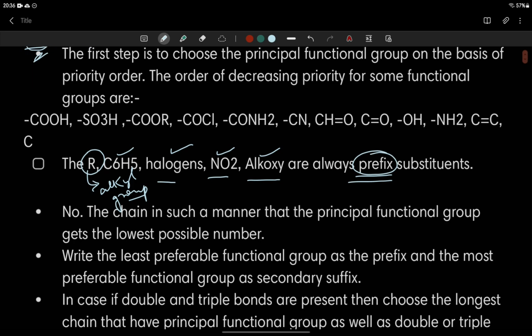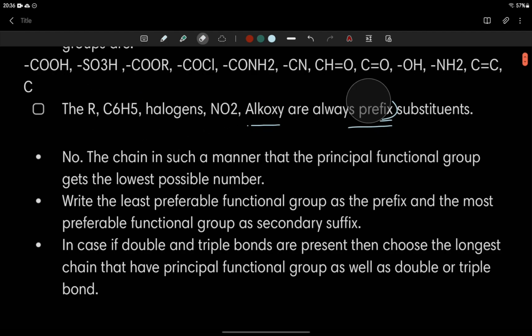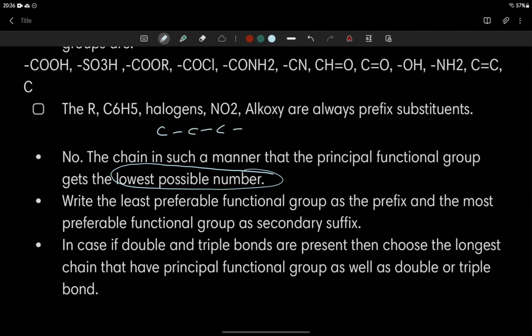Now after that you have to number the chain in such a manner that the principal functional group gets the lowest possible number. If a carbon chain has an OH group and another functional group, say a CO group, then the CO group will be written as the principal functional group in the suffix, and you have to number the carbons such that this principal functional group gets the lowest possible number.